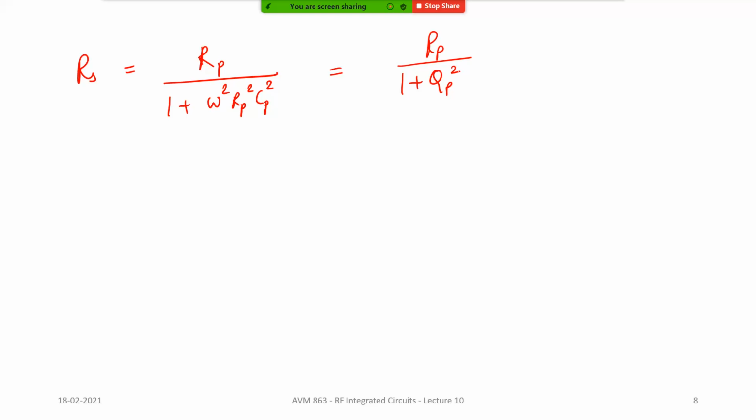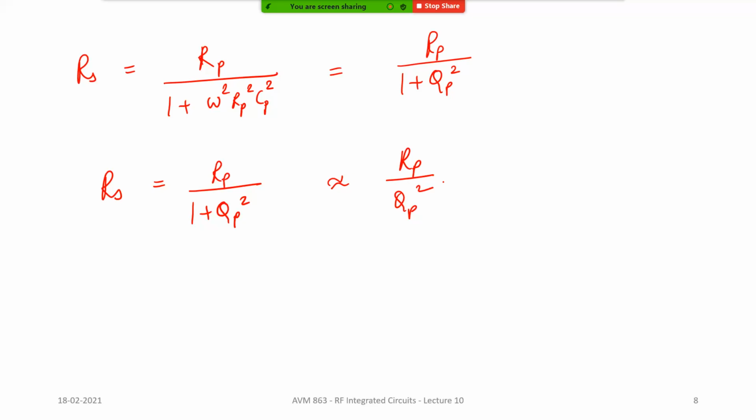Correct? Because for a parallel RLC network, the Q is omega Rp Cp. So this is how you write. Rs and Rp are related by 1 plus Qp squared, and if Qp squared is much greater than 1, it can be written as Rp by Qp squared.